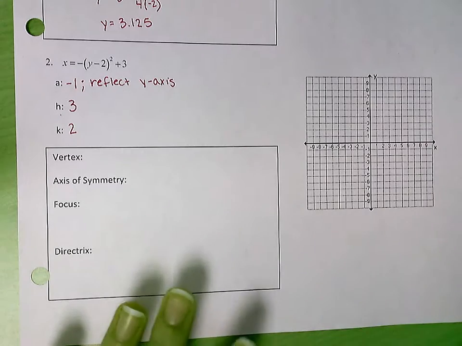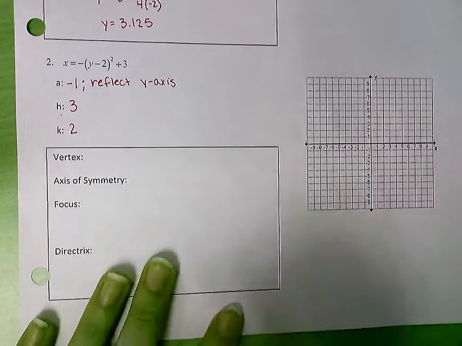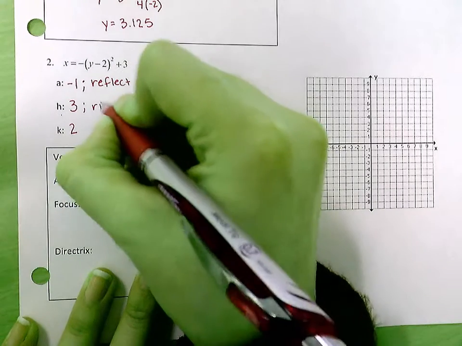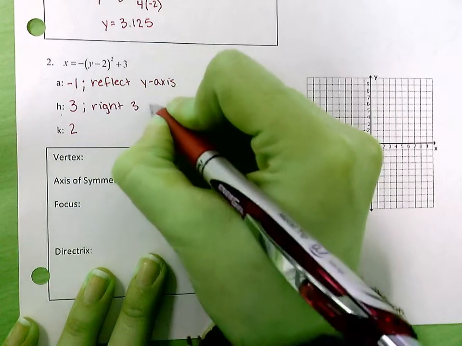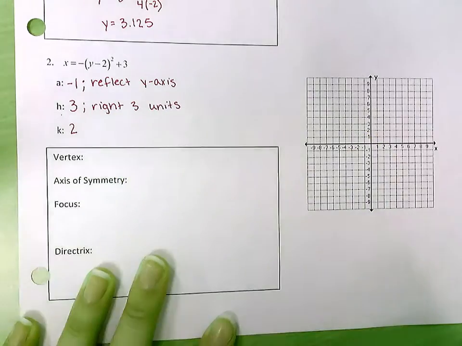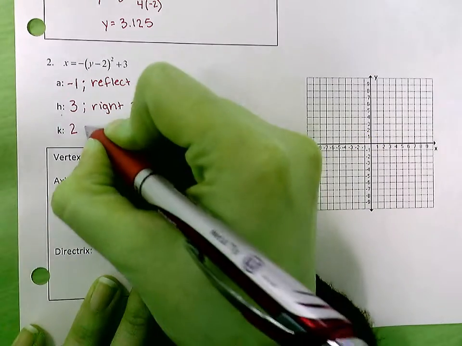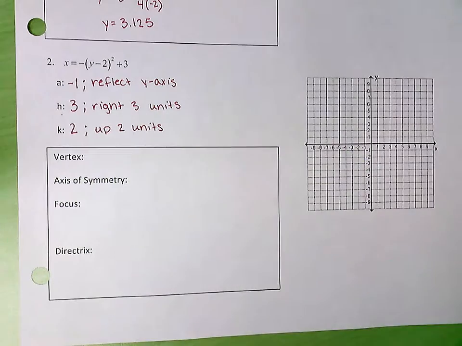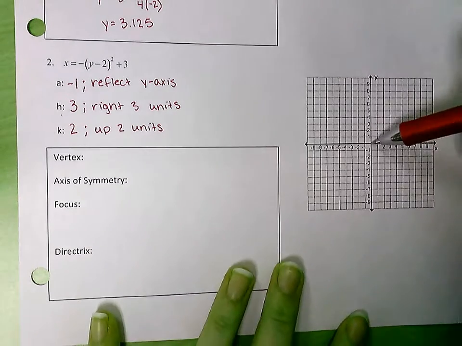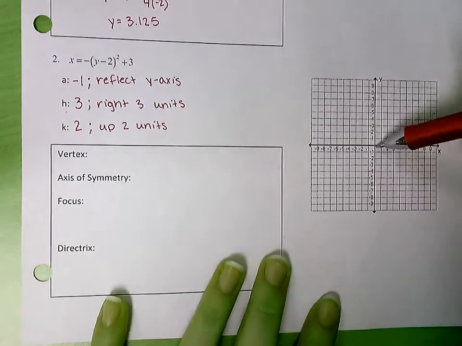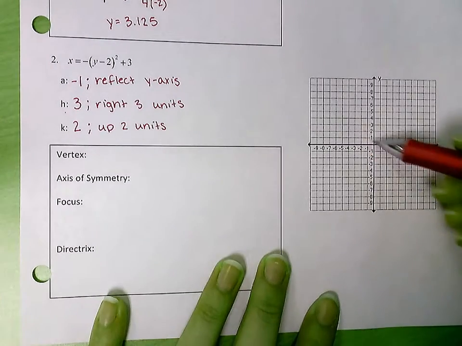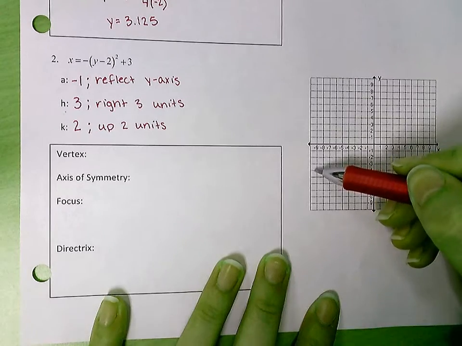Your h moves it left and right. Since h is 3, we're going to go right 3 units and up 2. Normally for this type of graph, your parent function would go this way, but I'm reflecting, so it's going to go the opposite way.